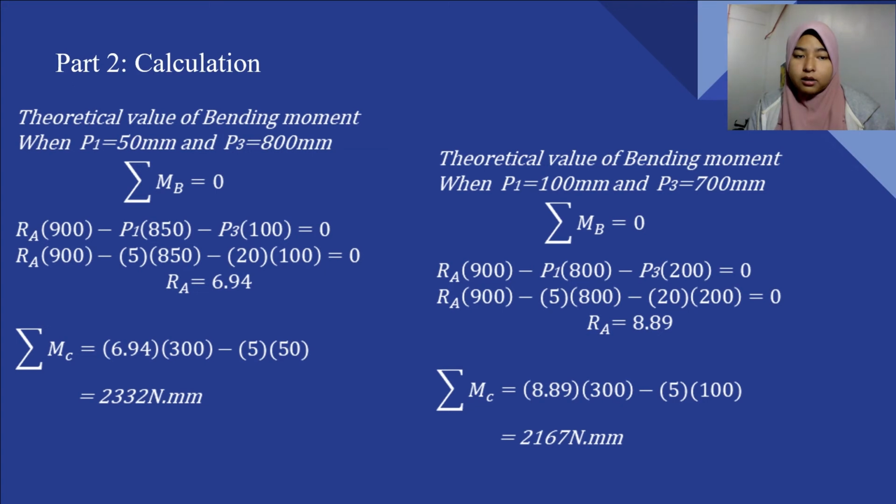So we find the RA, which is equal to 6.94.